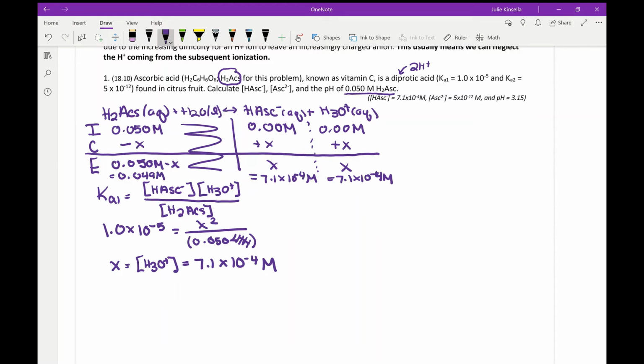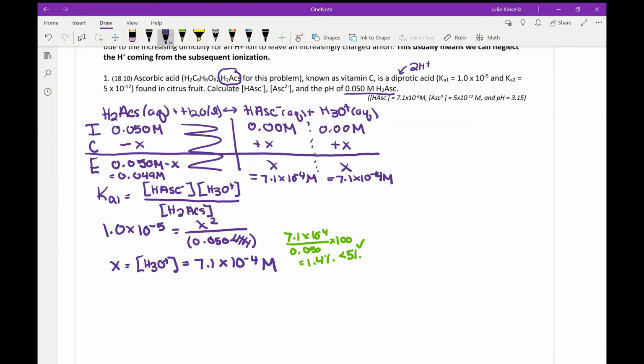All right, if we do our check quick, which I'm just going to put in green next to this, so if we check for our change in x, I'm just going to put it right off to the side here. That's 7.1 times 10 to the negative 4 over the original weak acid concentration. For this, you end up getting 1.4%, which we know is less than 5%. So it justifies that simplifying assumption that we made.